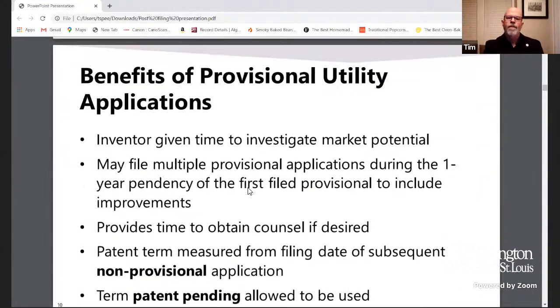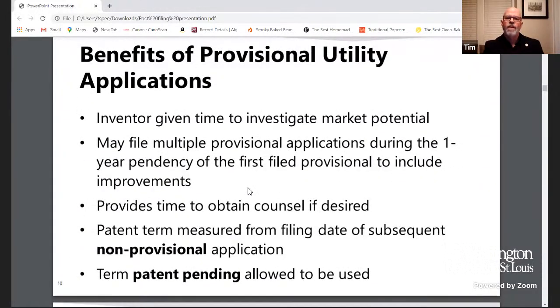So the benefits of the provisional application, and again, I made some notes here so I could make sure I addressed everything I wanted to. This gives you time to investigate market potential and see maybe how this is going to go. But there's a fine line here between testing and marketing and public disclosures.